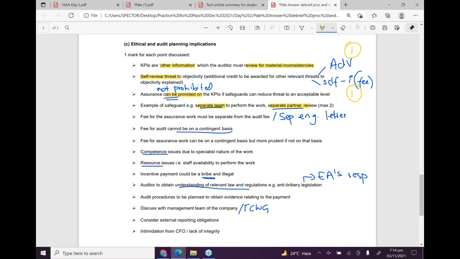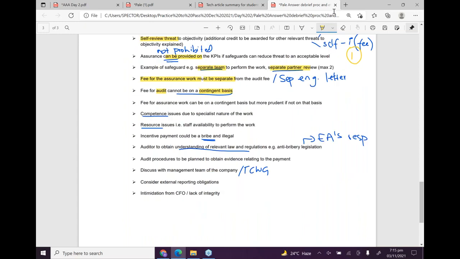One of you said this, you have to understand this is a separate assurance engagement with a separate engagement letter and the fee has to be separate as well. For audit, you cannot have a contingent fee. For other assurance work, it is allowed, but it is preferred if it is not done so.